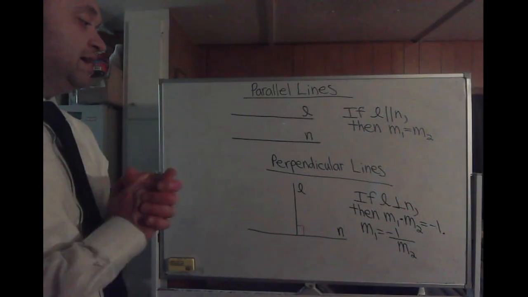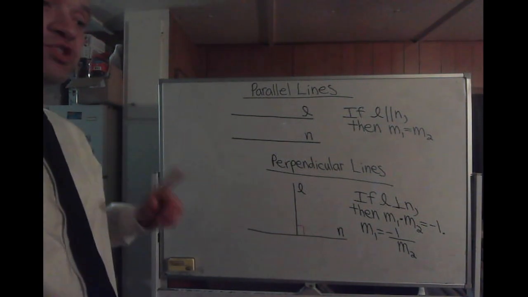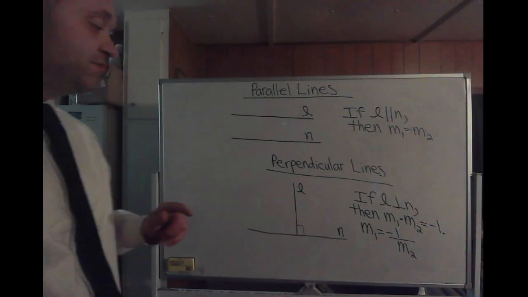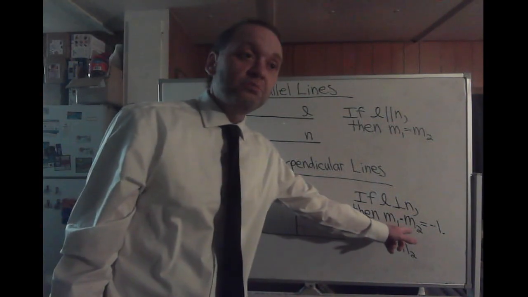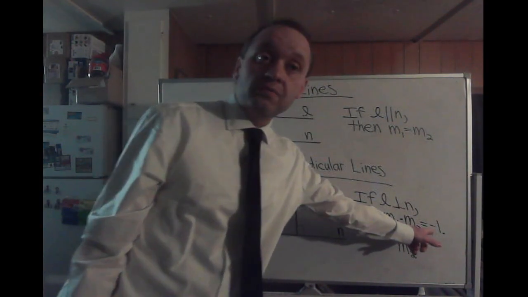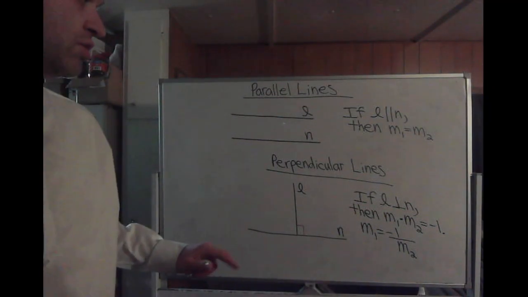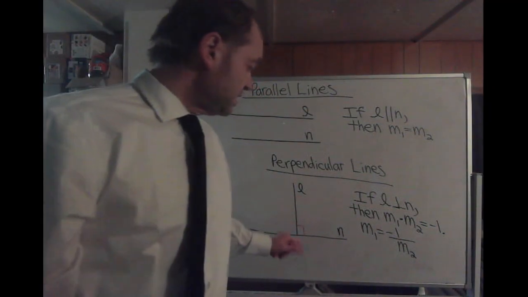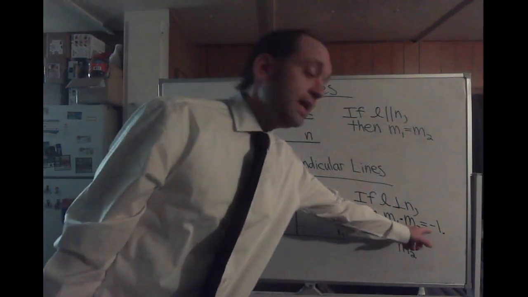When you have two perpendicular lines, what is true about their slopes is that if you take the slope of the first line and you multiply it by the slope of the second line, you'll get -1 every time as the product. So if I take the slope of line L, multiply it by the slope of line N, I'll get -1.